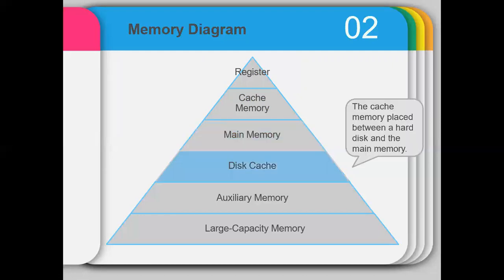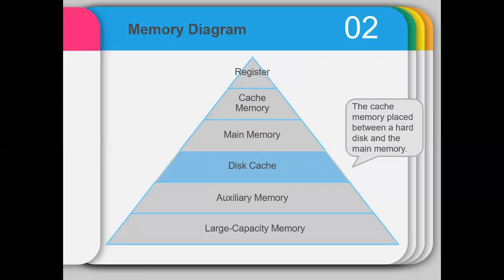Right. Next, disk cache. Disk cache is nothing but a temporary memory, which is placed between the hard disk and the main memory. Of course, we know that the hard drive, that is the secondary storage, is slower when compared to your primary memory. The hard drive contains a disk platter, which has a read and write head.